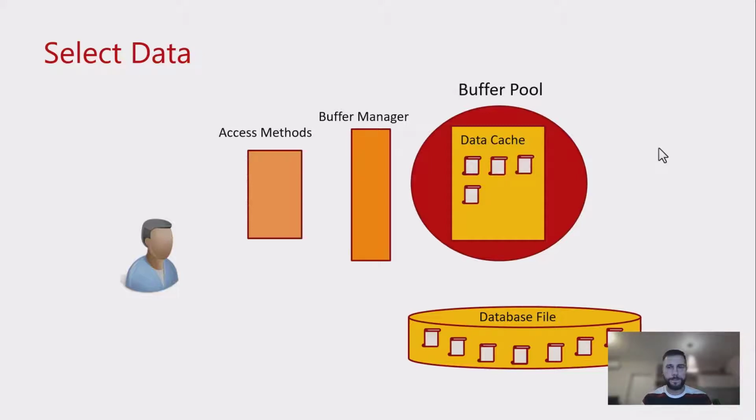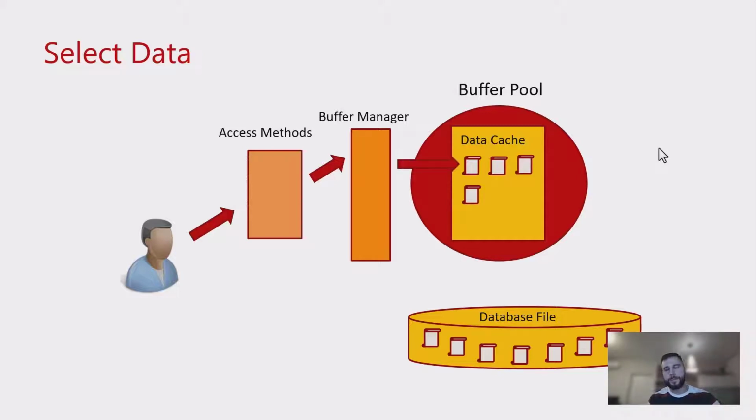Okay. The entry point for the storage engine is a component called access methods. So the SQL Server executor calls different access methods. The access methods component calls the buffer manager to get the data. Data in SQL Server is stored in pages, data pages, 8 kilobytes in size. So each data page has 8 kilobytes.